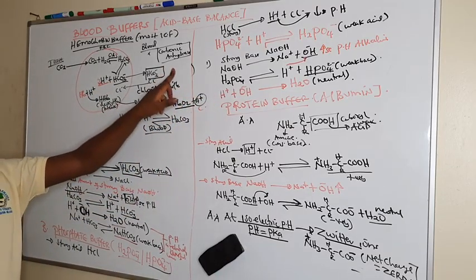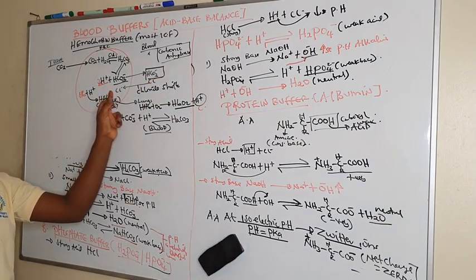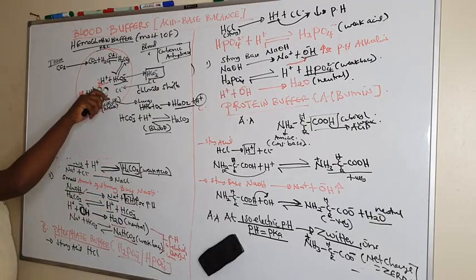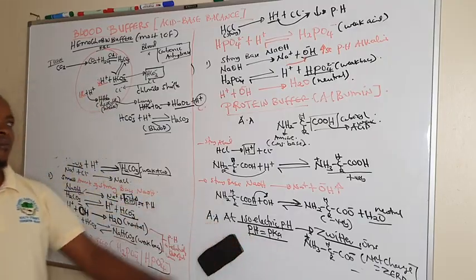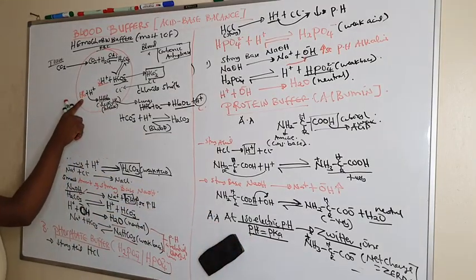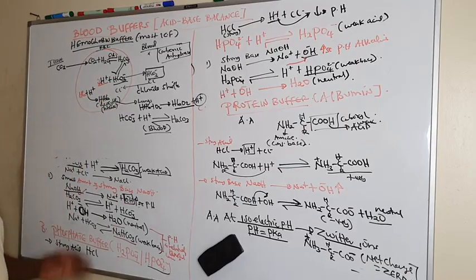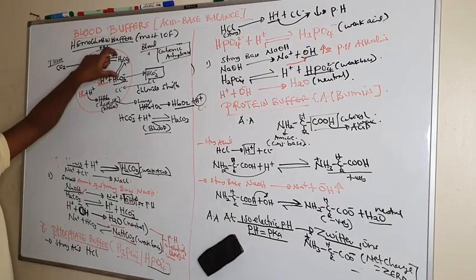And when it diffuses, it is balanced by the shift of the chloride ion, which we have called chloride shift. Then the remaining hydrogen ions have the ability to decrease the pH below 7.35, but are buffered by the hemoglobin to form hemoglobinic acid or deoxyhemoglobin, which is a weak acid, hence maintaining the pH in the red cell.